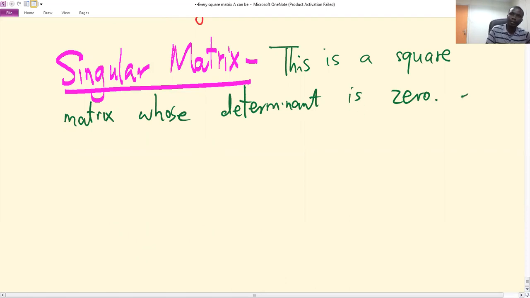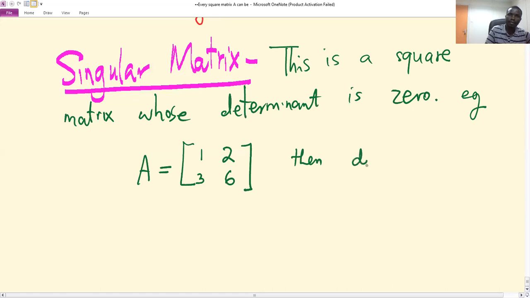For example, if I have a matrix A given by 1, 2, 3, 6, then the determinant of A is 1 times 6 minus 3 times 2, and this is 0.